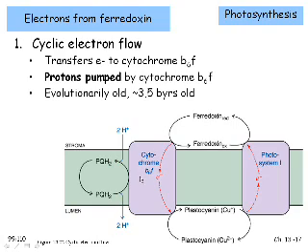Cytochrome B6F can transfer them again to plastocyanin, and around and around. The nice trick there is that the cytochrome B6F can pump protons. So in cyclic electron flow, you have some proton pumping done by cytochrome B6F, and the reaction overall is driven by light absorption in photosystem 1.